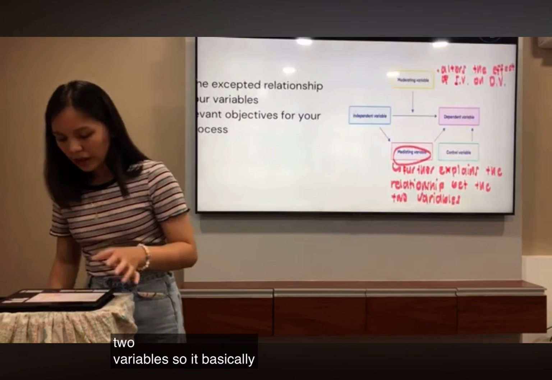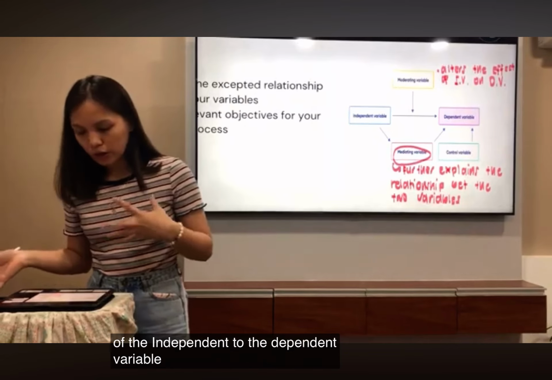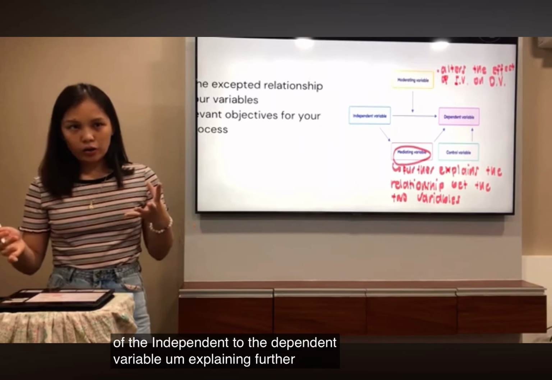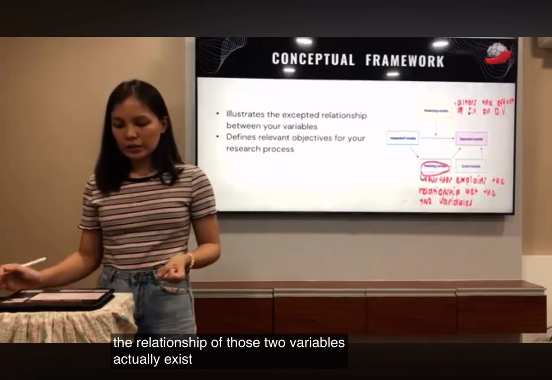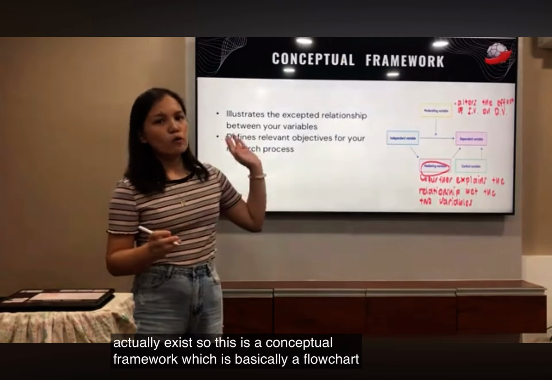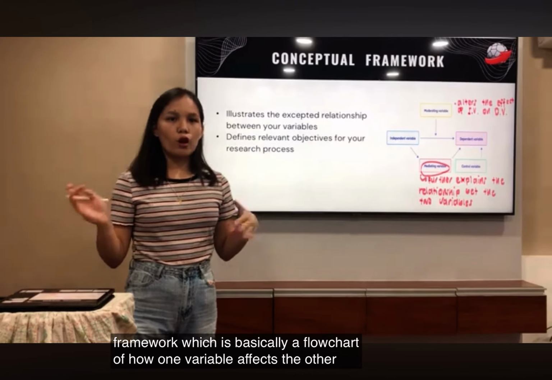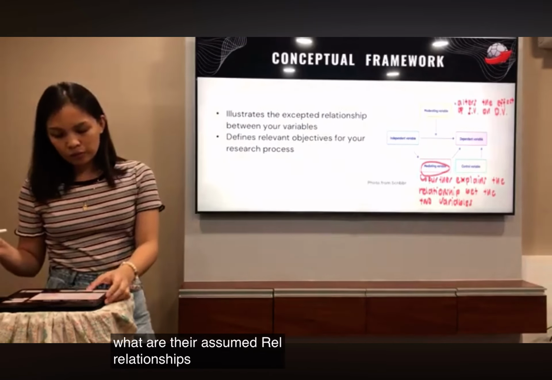So it basically is a link of the independent to the dependent variable, explaining further as to why the relationship of those two variables actually exists. So this is a conceptual framework, which is basically a flow chart of how one variable affects the other, or what are their assumed relationships.